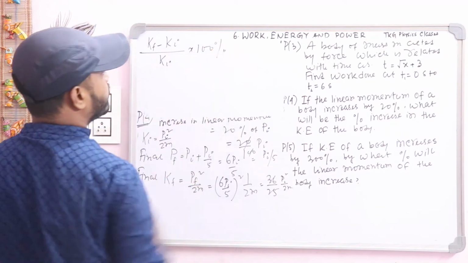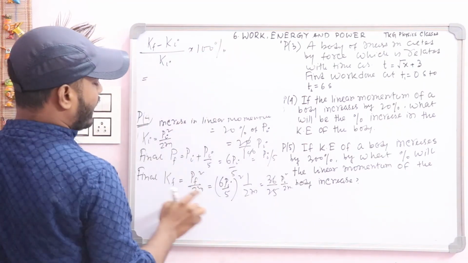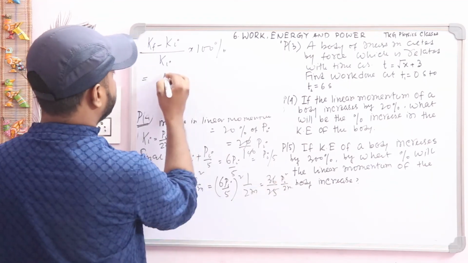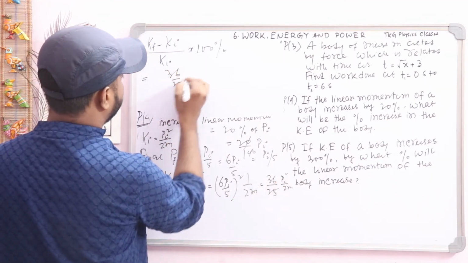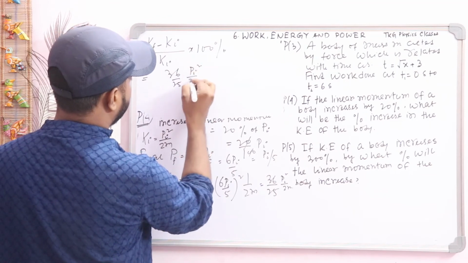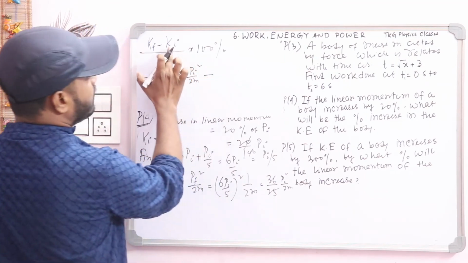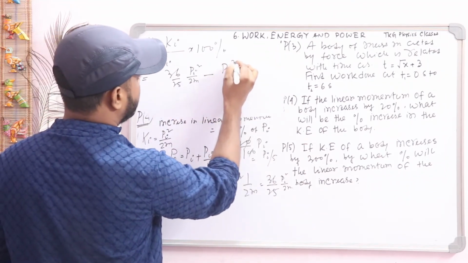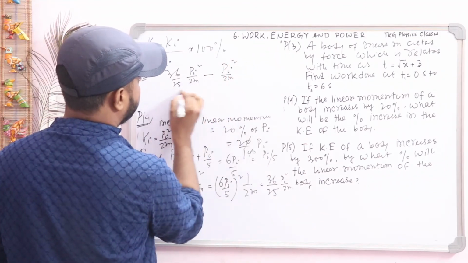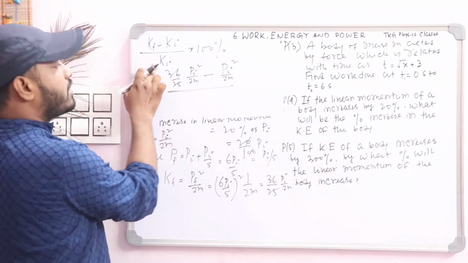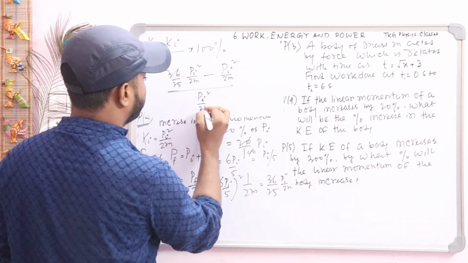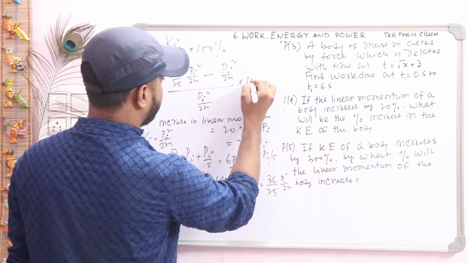This is the formula. Now you just use Kf, 36 by 25 Pi square by 2m, minus initial, that is Pi square by 2m, divided by Ki, that is initial, Pi square by 2m, into 100%.